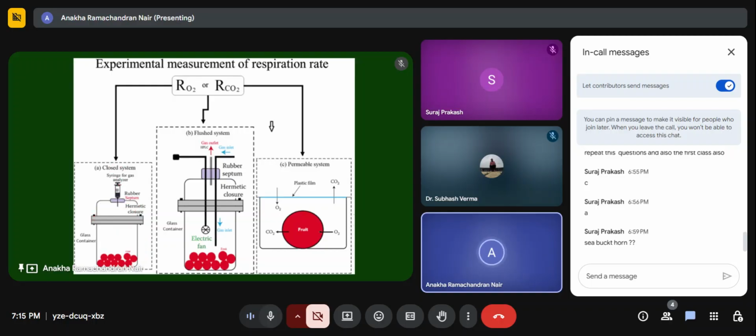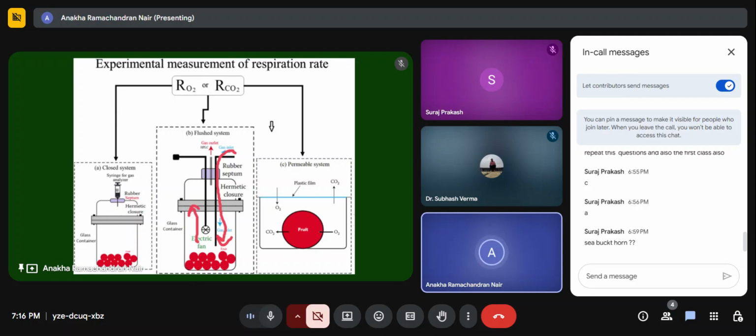In flush systems, you have a gas inlet which is going to give you a constant source of gas, and a gas outlet which is directly connected to an HPLC which will measure the gas, right? So it will be a combination of whatever inlet gas you're using and the gas that is produced by your produce, right?